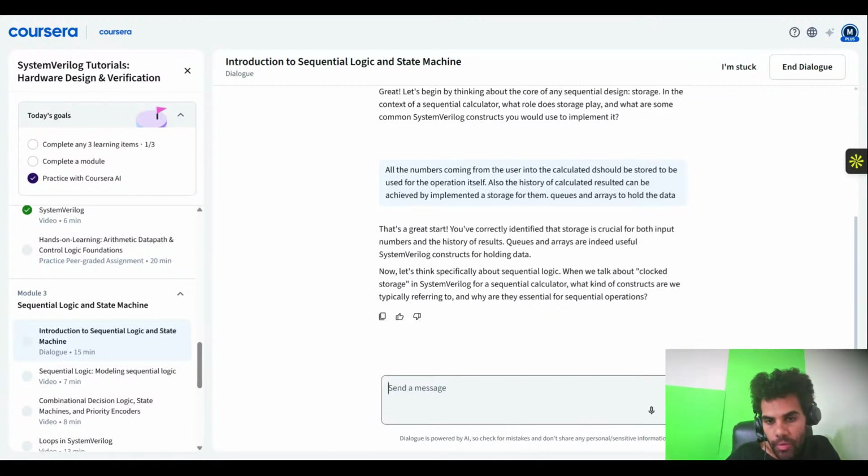That's a great start. You have correctly identified that storage is crucial for both input numbers and history of results. Queues and arrays are indeed useful SystemVerilog constructs for holding data.